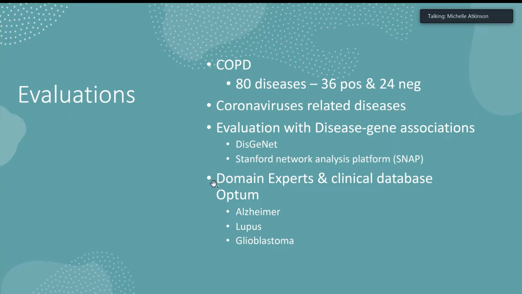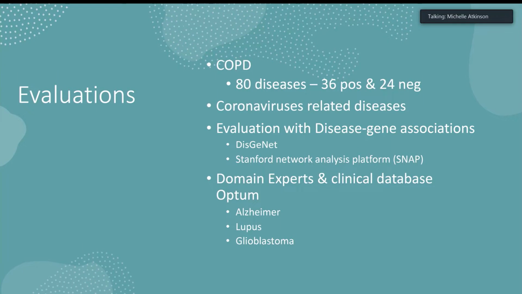Out of the 80 diseases, we predicted 36 positives and 24 negatives that are consistent with the five experts' evaluation. These are clinicians with years of experience in COPD and other lung diseases. And for the rest that we didn't predict, they also cannot have a consistent consensus among these five experts.